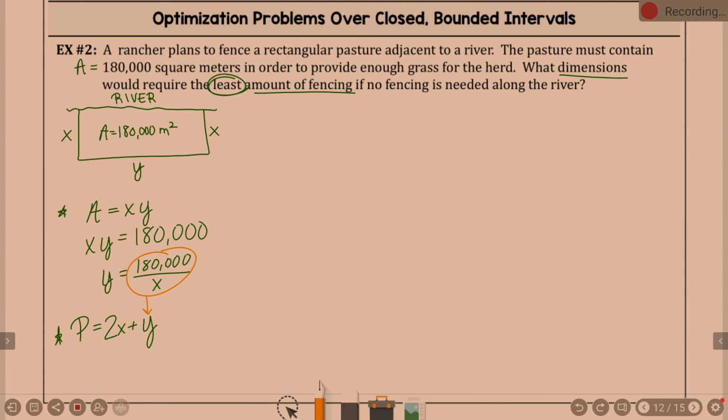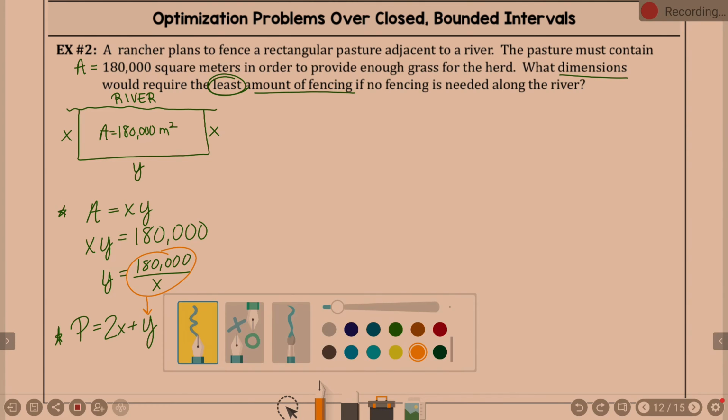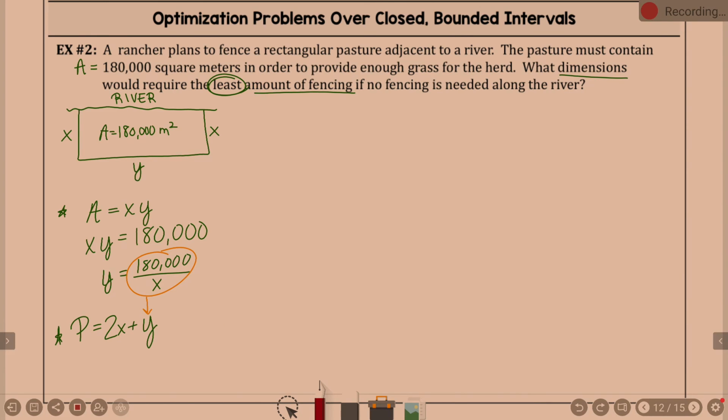Then I will have a perimeter equation that I can call p of x, and that is what we will be working with. It will be my perimeter equation, 2x plus y, except instead of y, I'm going to say 180,000 over x.